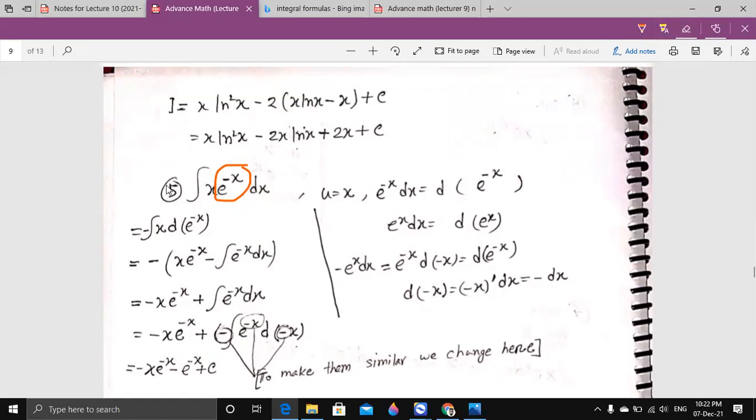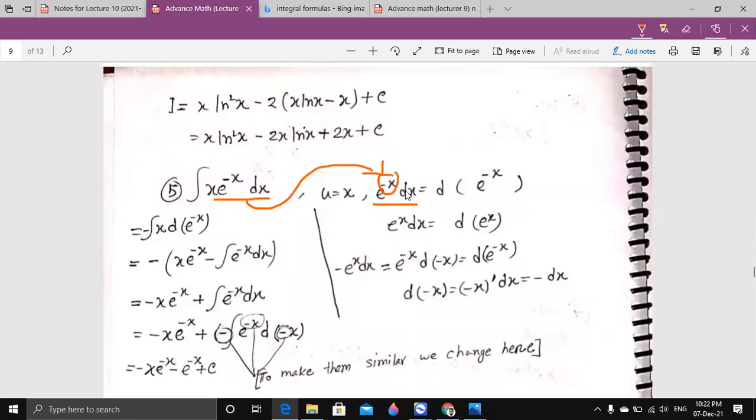So you see here we have integration of x e to the power minus x dx. We are calculating this part here, e to the power minus x dx. So it can be d into e to the power minus x, because we know the integration of this part is dv. We can do another thing: you see here we have minus x, right?